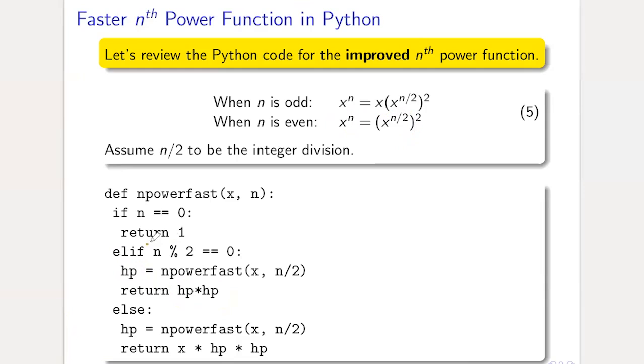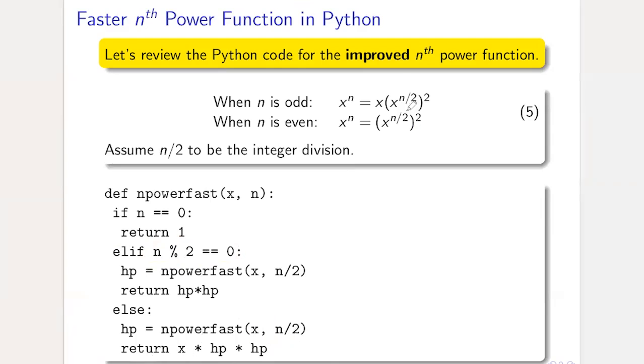Similarly, the other case, if it is not equal to 0, that means I have to consider the odd case. So in the odd case, I will again compute x raised to the power of n by 2. It doesn't matter that n is not divisible cleanly, you get whatever the full value is when you do the division.